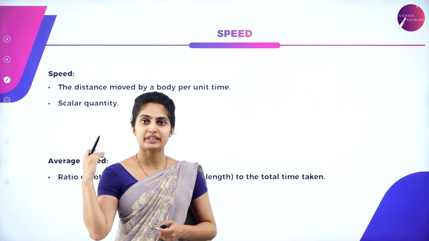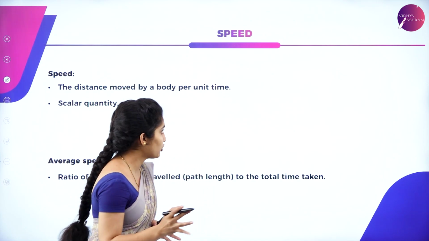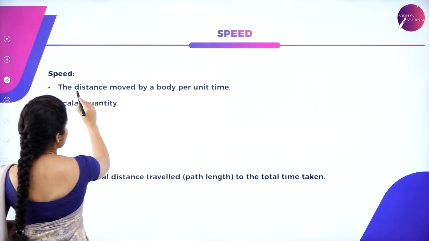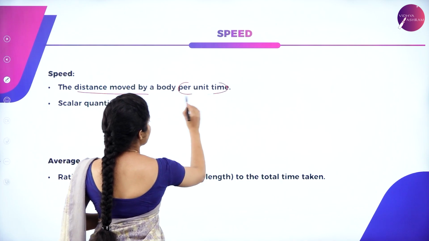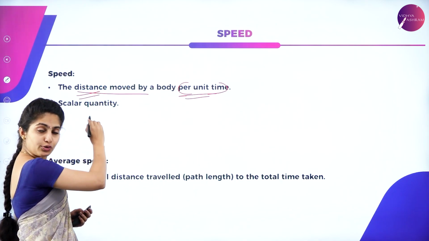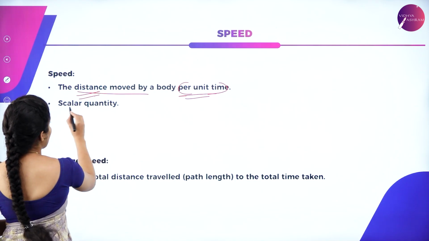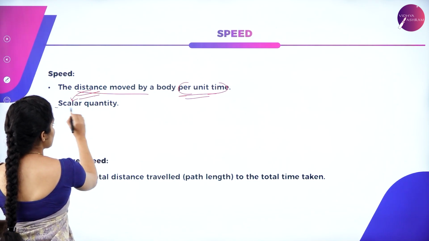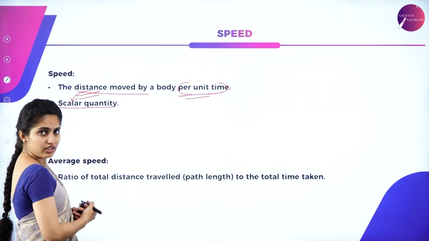What is meant by speed? In the case of speed, it is the distance moved by a body per unit time. For a certain interval of time, what is the distance which is moved? So, here we consider the distance. And since distance is a scalar quantity, speed also is called a scalar quantity.